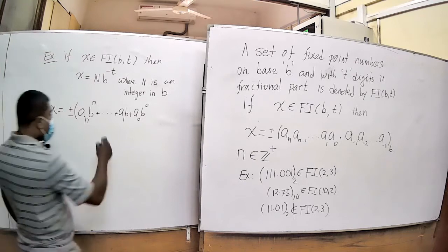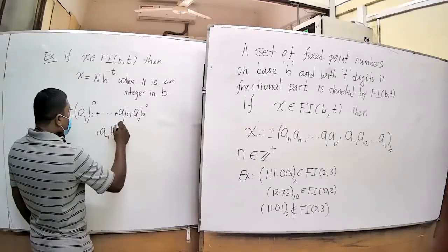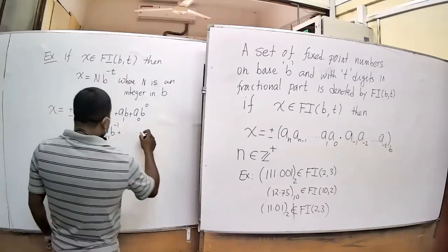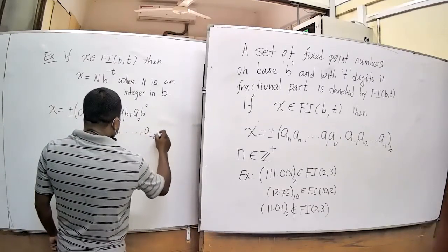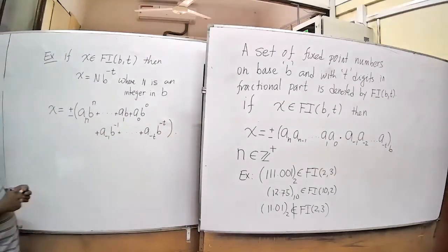And then you continue: a_{-1} b to the power minus 1, plus all the way up to a_{-t} b to the power minus t. This is how you write the polynomial representation of x.